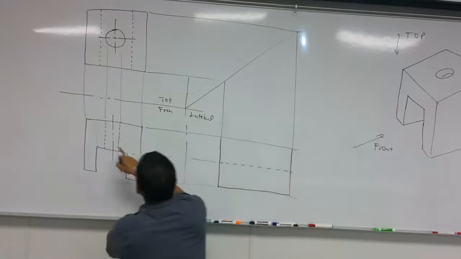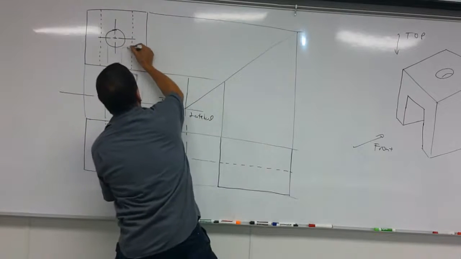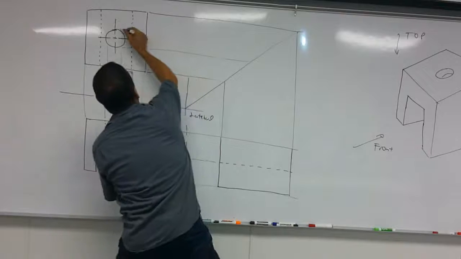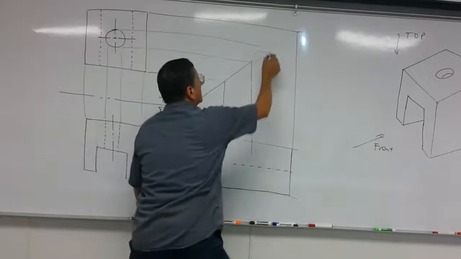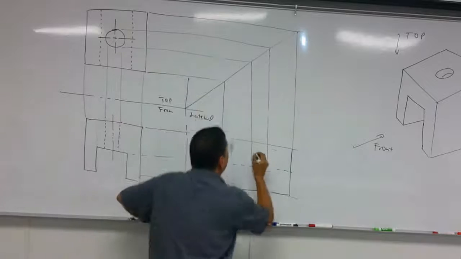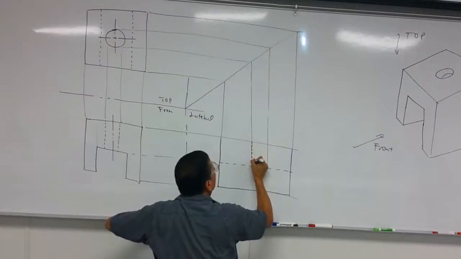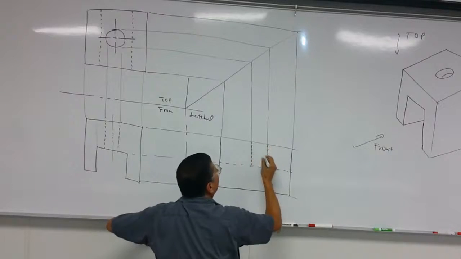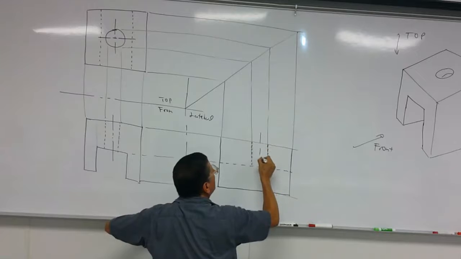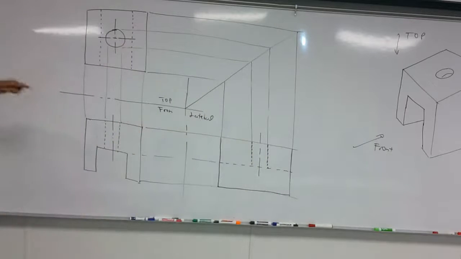What about the hole here? Invisible. I bring the projection, it is here, is invisible with the dot lines. And the center indicating that is circle. This is the lateral view, the front view, and the top view of that object.